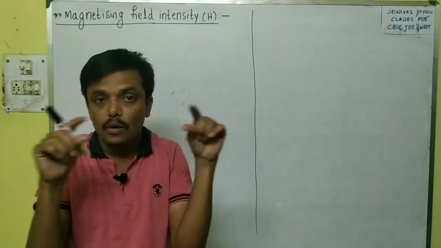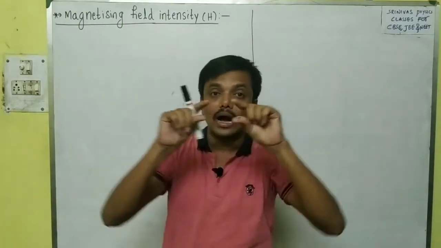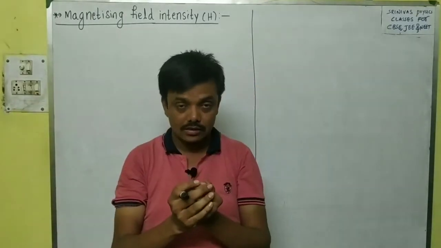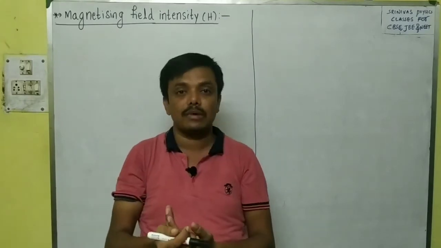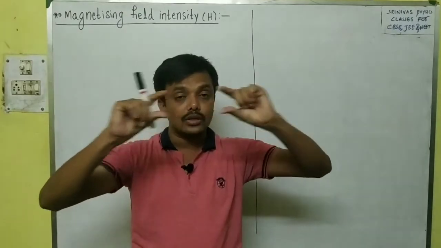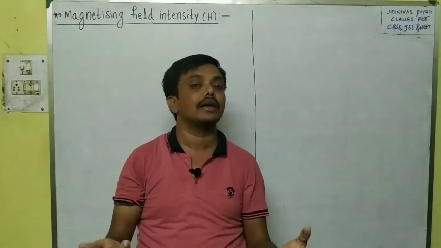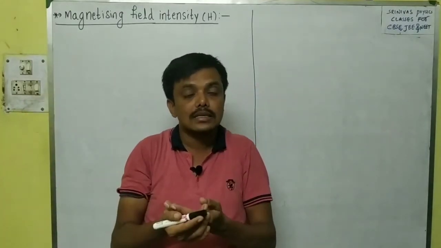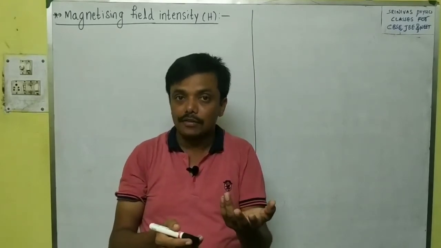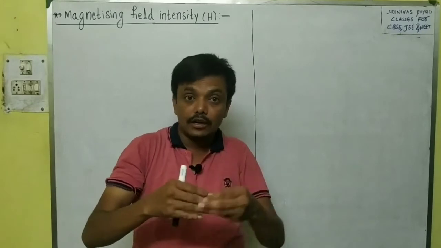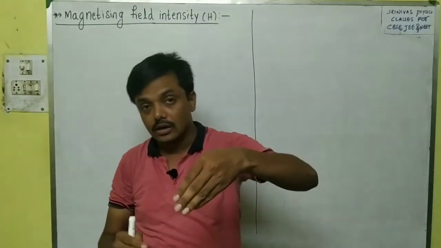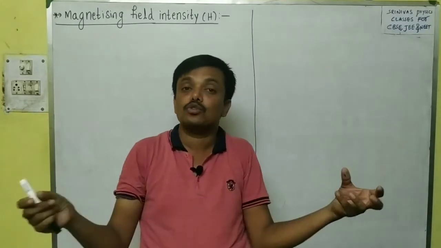For example, you have an iron bar. The iron bar is not basically a magnet, but it can be converted into a magnet. If you want to convert that iron bar into a magnet, you have to place it in an external magnetic field. That external magnetic field applies force and torque and makes the iron a magnet.